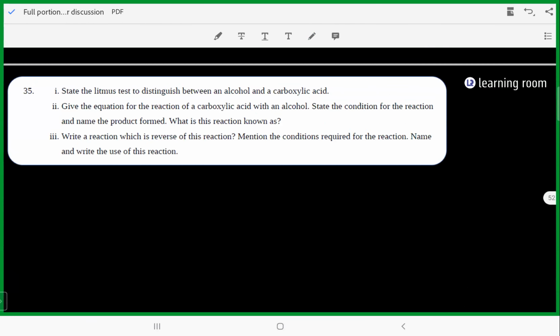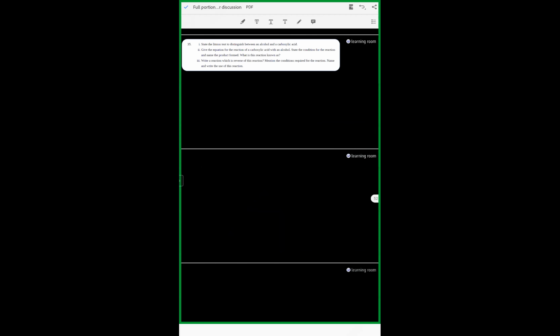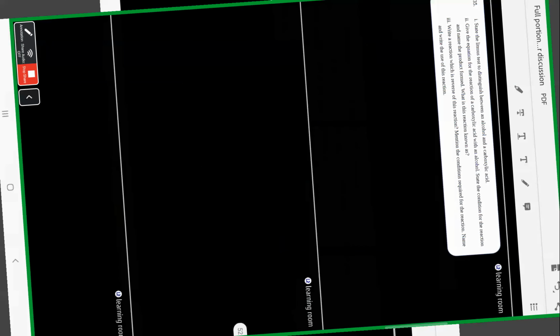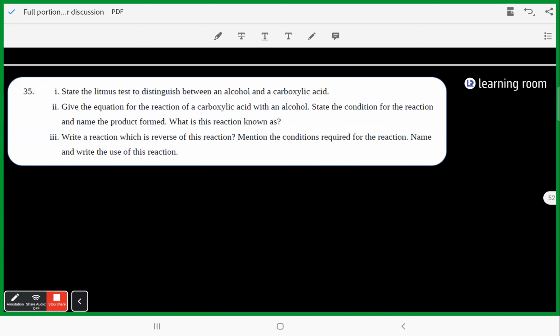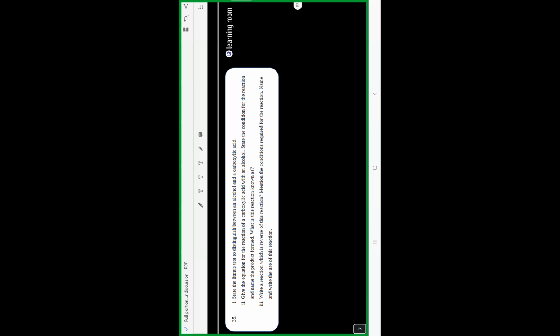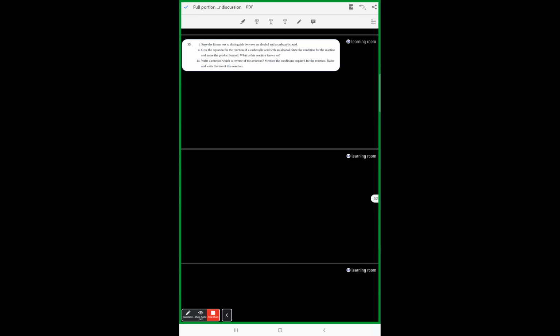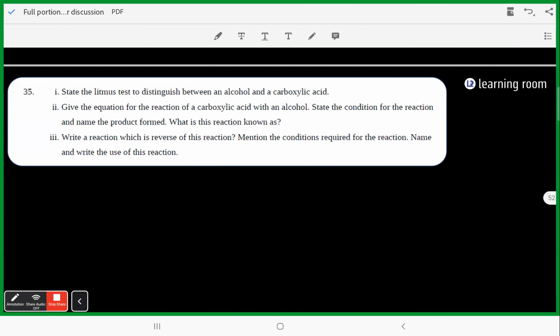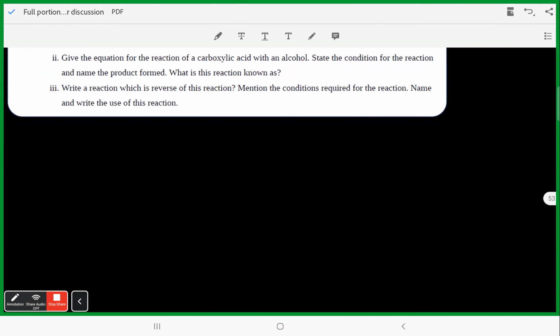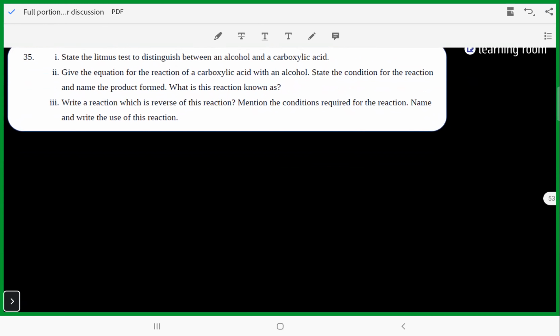State the litmus test for distinguishing between alcohol and carboxylic acid. When you have alcohol, it's a neutral one. Carboxylic acid is an acidic one, correct? Give the equation for the reaction of carboxylic acid with alcohol.